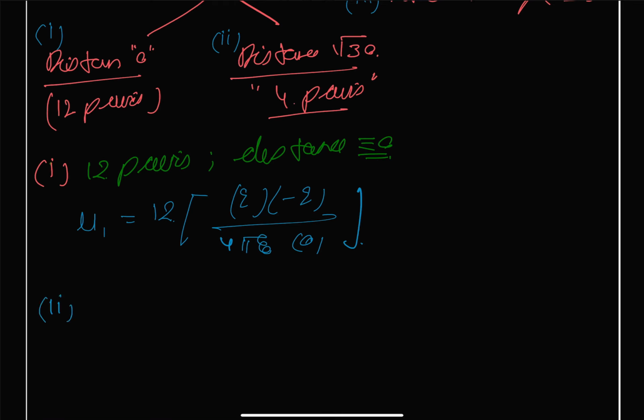Next is the second case, and in the second we have 4 pairs at a distance of root 3 times A, and let us call that our U2.